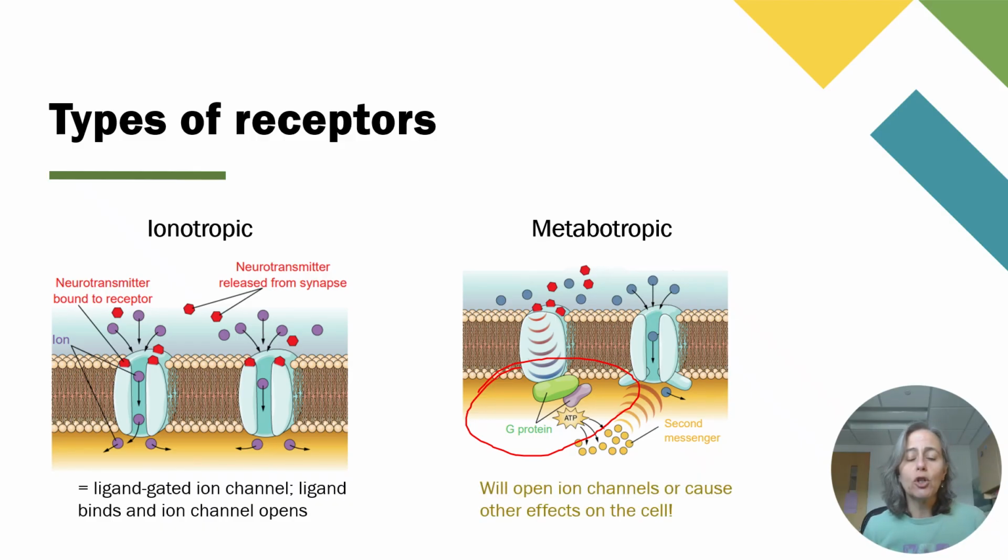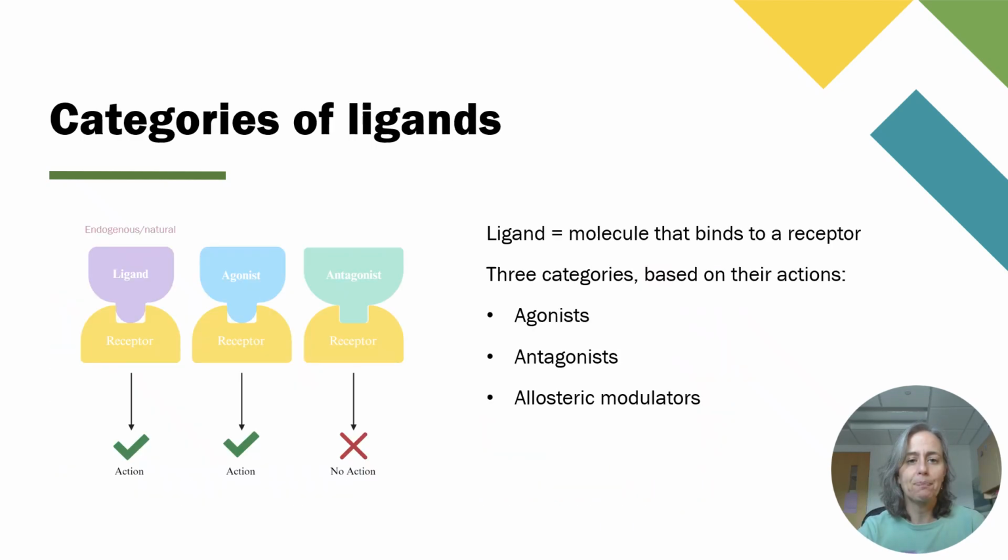That second messenger could end up opening ion channels, or it can cause all types of other effects in the cell. It can impact what regions of our DNA we transcribe and activate, what types of proteins we're making in the cells, all kinds of things. So metabotropic receptors can have lots of different impacts depending on what's happening.